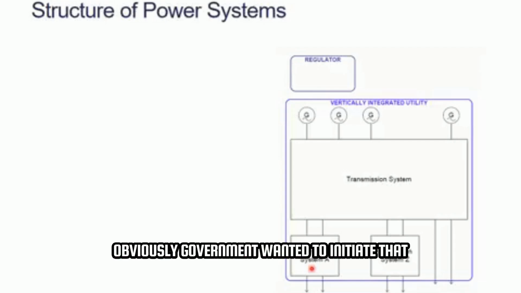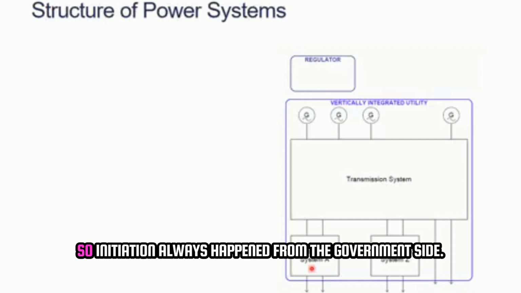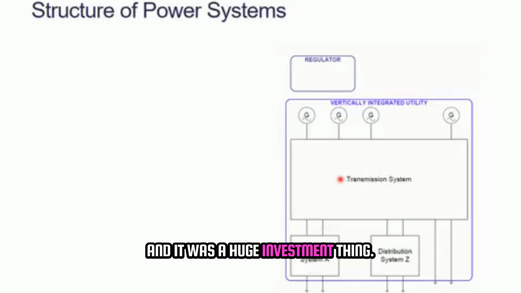Obviously the government wanted to initiate more people using electricity, so initiation always happened from the government side, and it was a huge investment, so obviously only the government could afford it. So the government used to take care of everything in a broad sense, and there was a regulator.